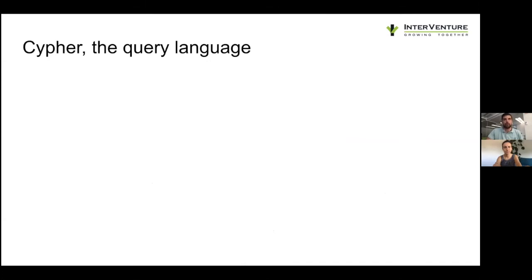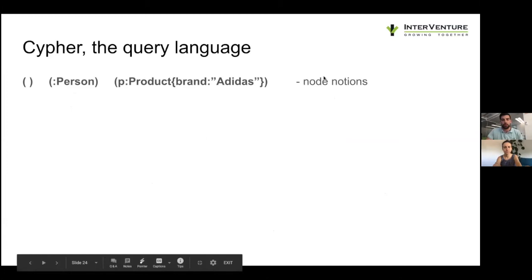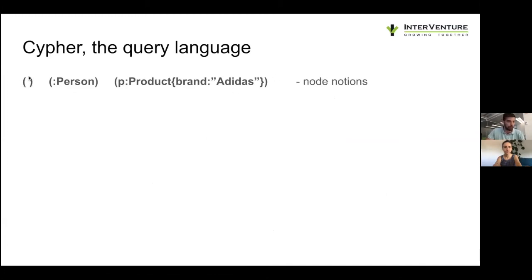It was first developed in Neo4j, but now a few other graph databases adopted it. I'm going to show you how the notions look like in Cypher. So, for example, if you want to select a node, the first one, just the brackets, is a node, any node, and then the second one is a node with a label.